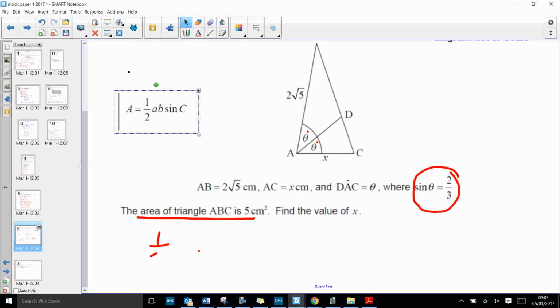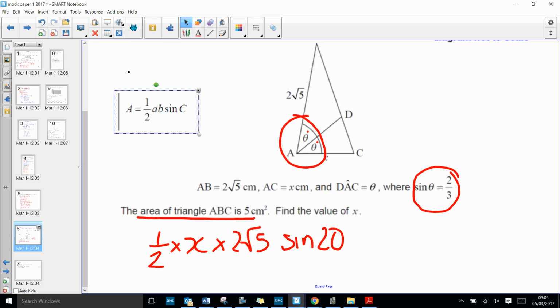1 half multiplied by x multiplied by 2 root 5 sine 2 theta, note it's 2 theta because it's theta and theta, equals 5 from the given question. Okay, so far so good, but we know sine theta, not sine 2 theta.